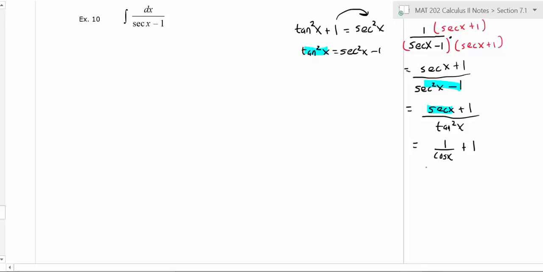I'm going to change the tangent to what it's equal to. We have an identity for tangent, remember, that is the sine over the cosine, so that's going to be sine squared x over cosine squared x. Now I have a complex fraction, so since I need to get rid of a cosine and a cosine squared, I'm going to multiply by cosine squared x.